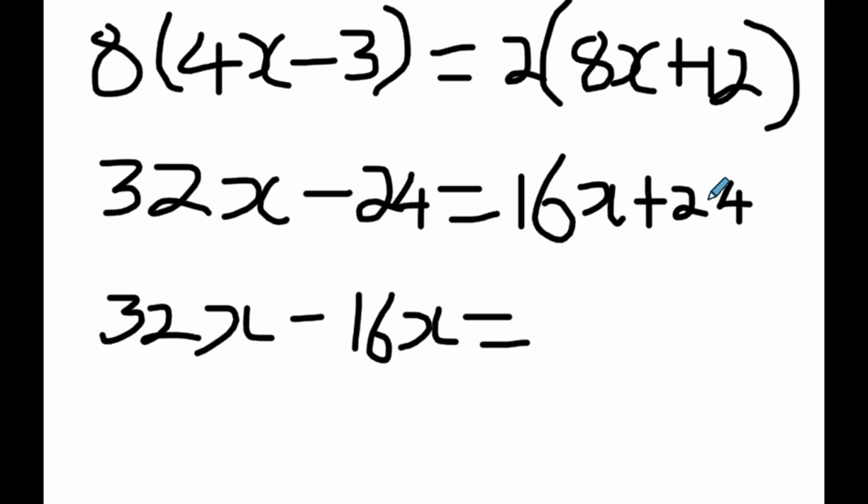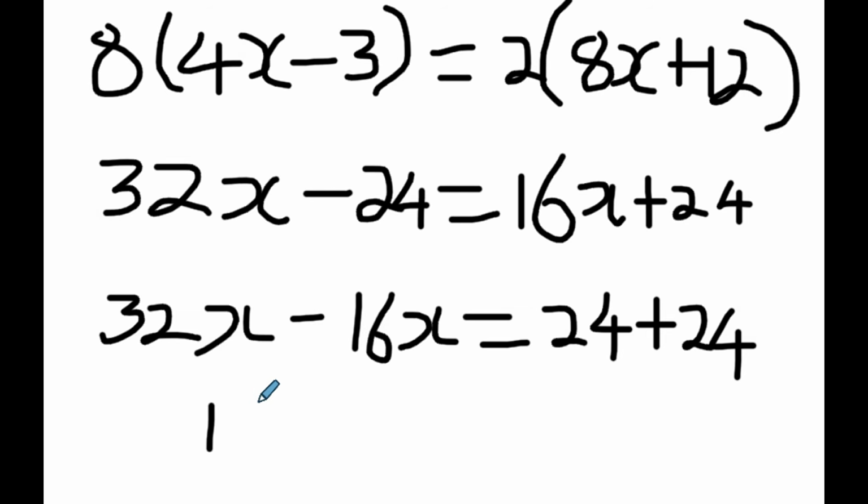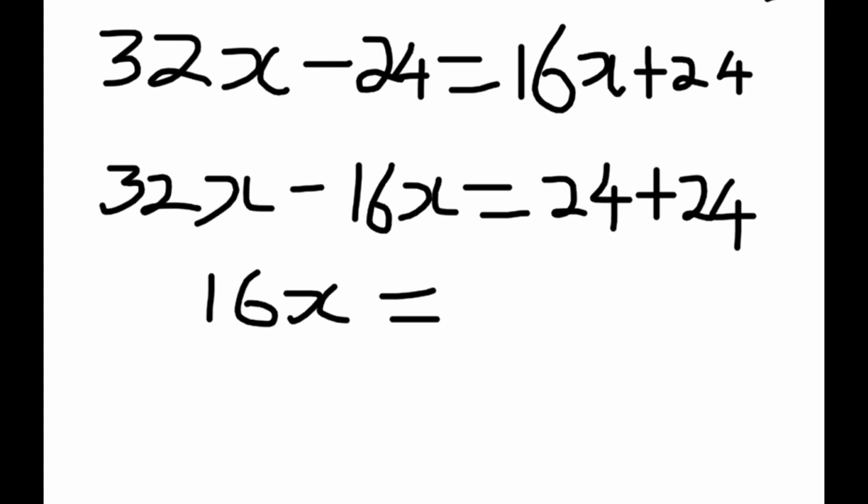Equals, this 24 will remain while this one will come and meet it. This one is minus; when it comes to this place, it becomes plus 24. So 32 minus 16 is 16x equals 48.